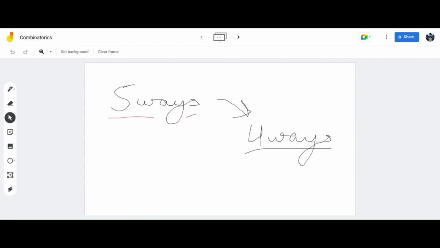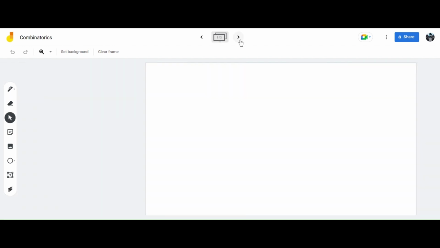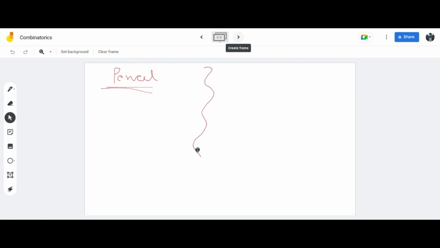So for a diagram, first we'll take an example. Let's say that first we have to pick a pencil, and after that we also need to pick an eraser, right? So in how many ways can we pick first a pencil and then an eraser?